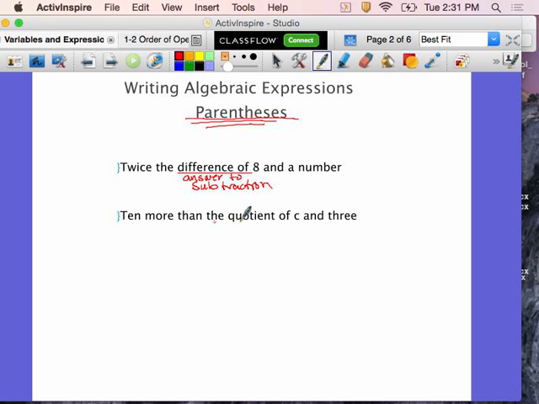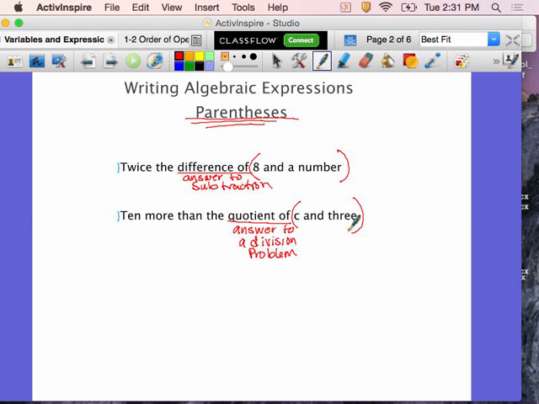And the other one, I see quotient of, so that's the answer to a division problem. Okay, so the problem is listed after that. So 8 and a number, we'll take the difference of 8 and a number, and there's your parentheses, c and 3.